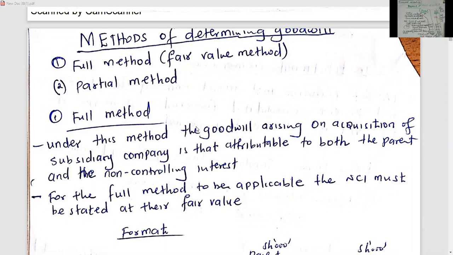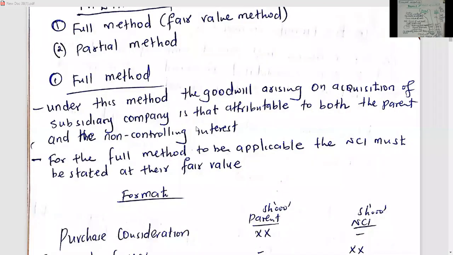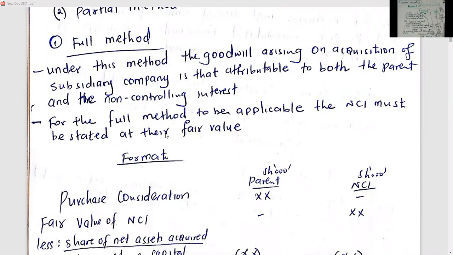Under the full method, goodwill arising on acquisition of the subsidiary, or another investee company, is attributable to both the parent and the non-controlling interest. For the full method to be applicable, the NCI must be stated at its fair value. I've talked about it, and Bernard also answered my question.